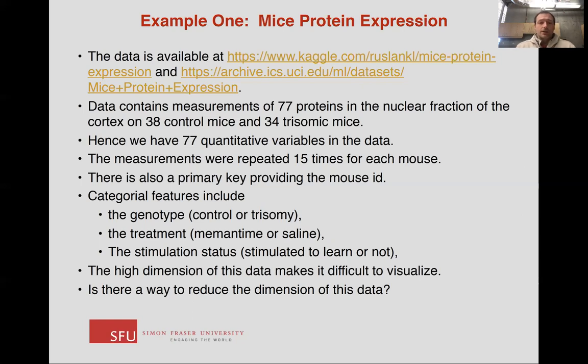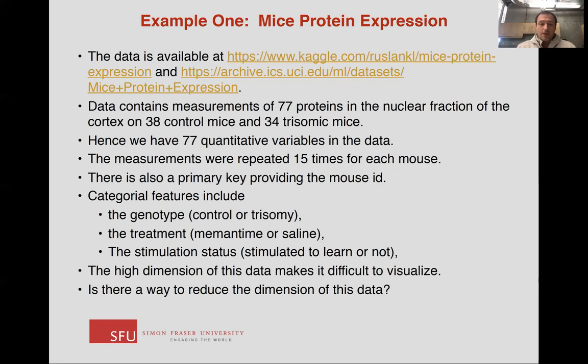Okay, so this data has measurements of 77 proteins in mice brains. There are 2 types of mice here. The control, normal brains, and then the other group have an abnormality. So there are 77 quantitative variables in the data.